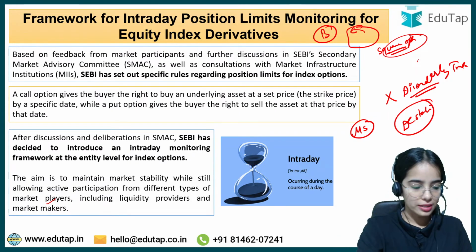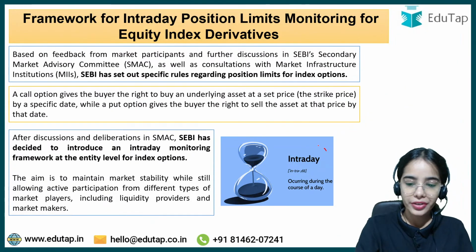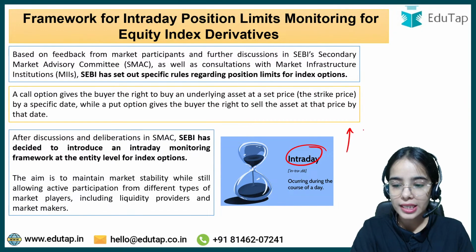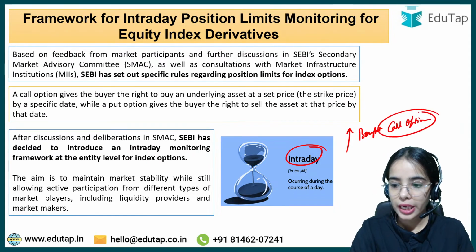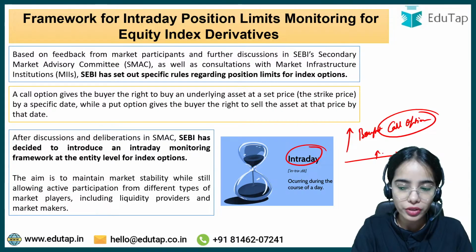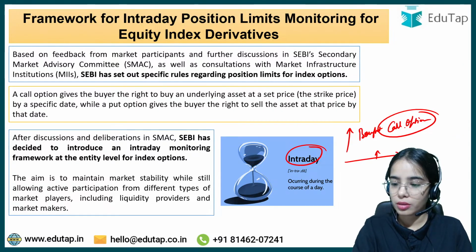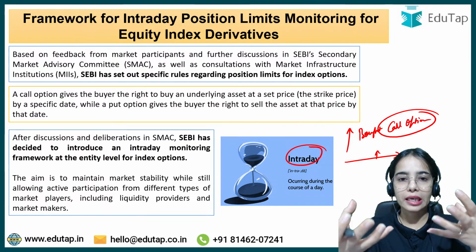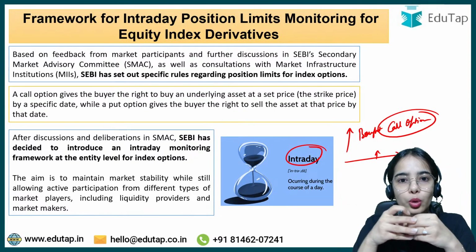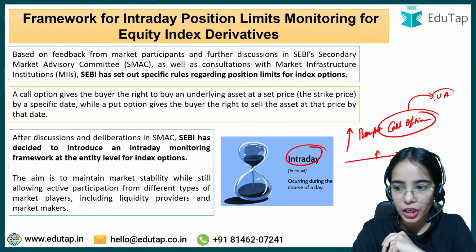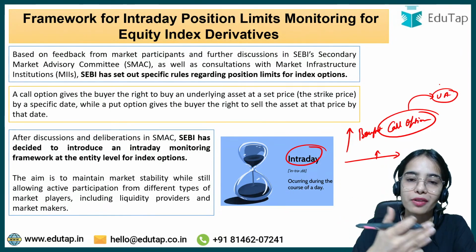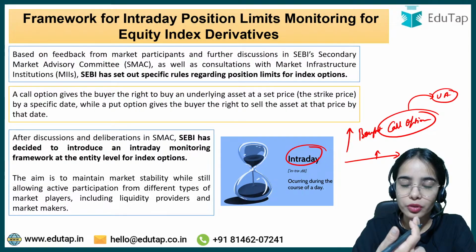Yes. So intraday trading happens. At the start of the day, you have bought the contract. You have bought the call option. Now, before the end of the day, you have to either go through the contract for the underlying asset, or sell off the contract, or close your position.